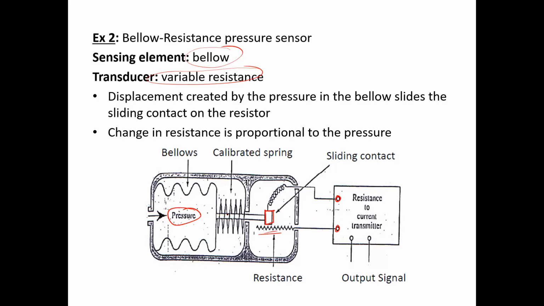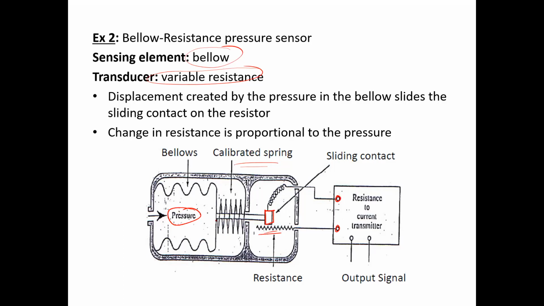Now, in this path of the movement of the bellows, a spring is also attached. So the purpose of the spring is to allow some amount of damping, so that the presence of overshoot can be eliminated, so that there is no sudden change in resistance that is going to be creating some overshoot in the amount of current or the amount of voltage, rather.